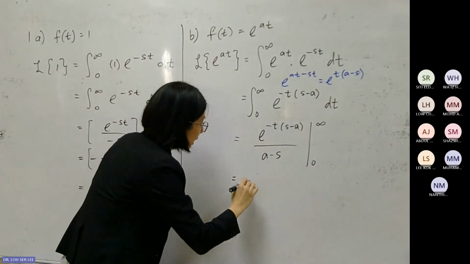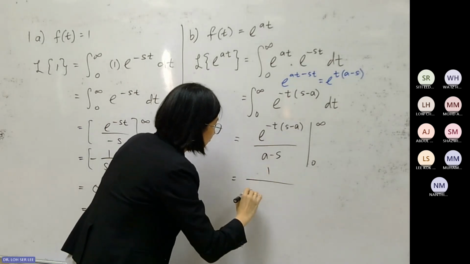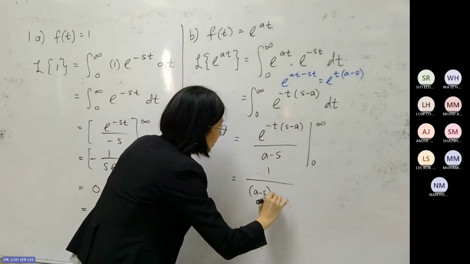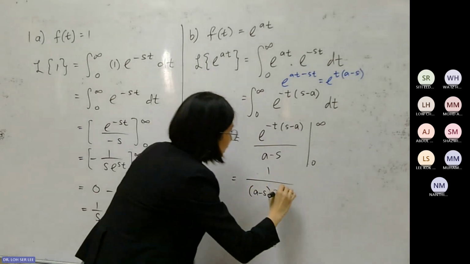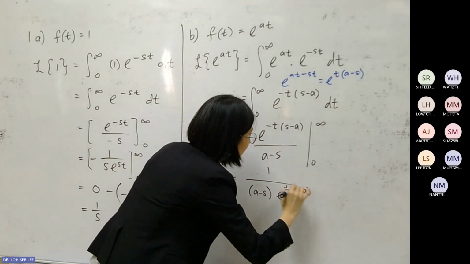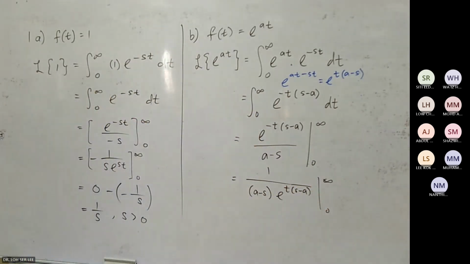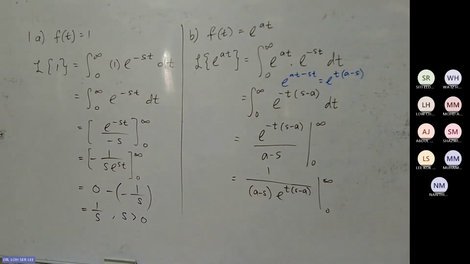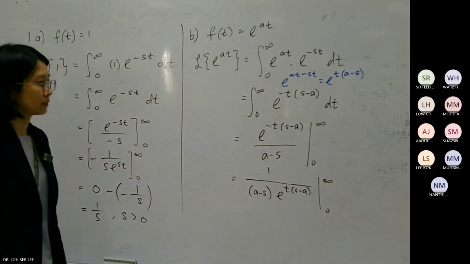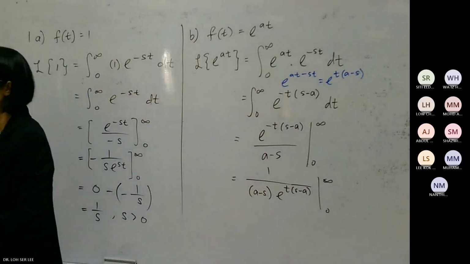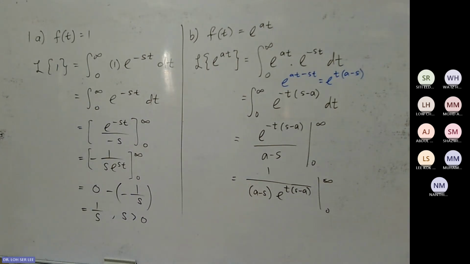Yeah, and pretty much this one. We have 1 over a minus s times the exponential function e to the power t(s minus a). Okay, we write in this form. Substitute infinity into t. What do you get?